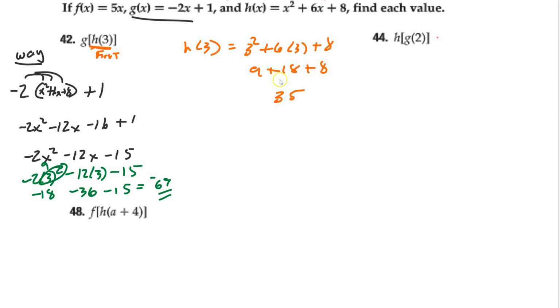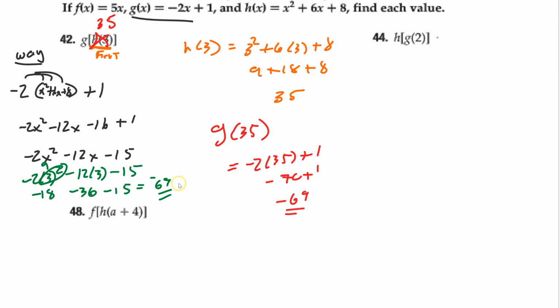So all that means is h of 3 is 35. So now we have leftovers, g of 35. We're going to put 35 into g. So negative 2 times 35 plus 1, negative 70 plus 1, negative 69. So see, either way you get the same answer. I prefer way 2 myself.